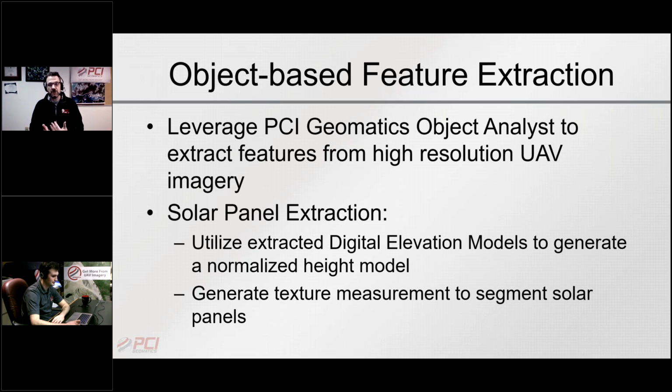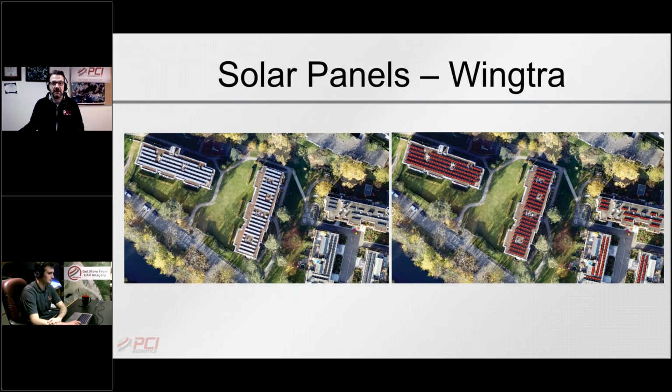And then we use the RGB data to do the segmentation to create the objects, and then we can use all the statistics available to us to perform more advanced analysis. In this case, we chose to focus on solar panels, which are seen here. And Jason's going to be showing you how to do this in our software, so I'm going to pass back over to him. Thank you, Kevin.